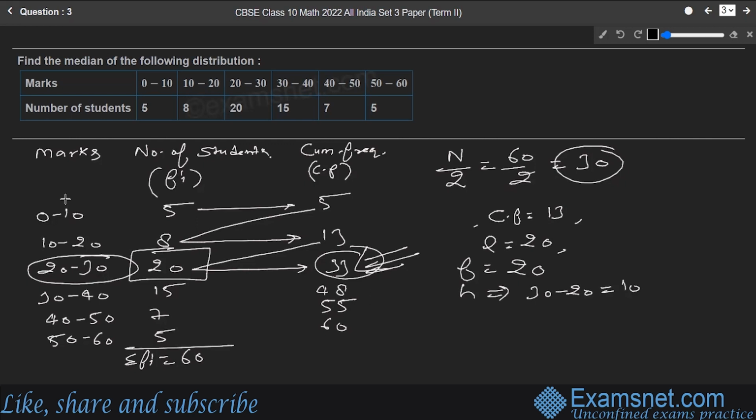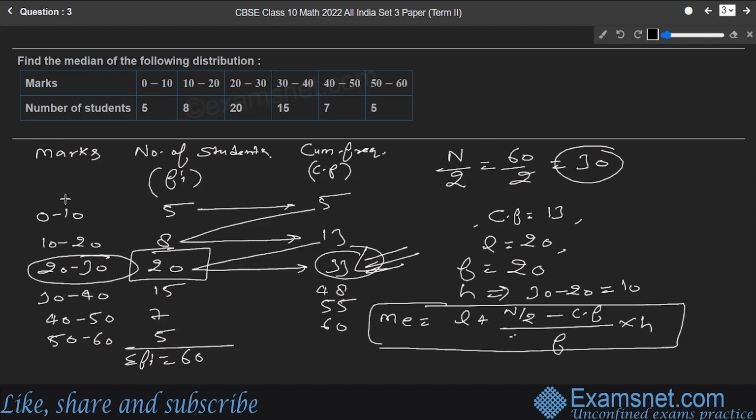Now we are going to use the median formula. The formula is L plus n by 2 minus cumulative frequency, divided by f, into h. That is the formula for finding the median when all these values are given. Let us put the values in. Median is L value 20, plus n by 2 which is 30, minus cumulative frequency 13, divided by frequency 20, into class width 10.